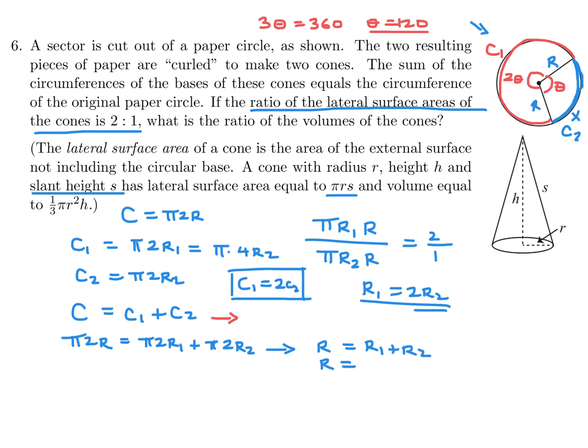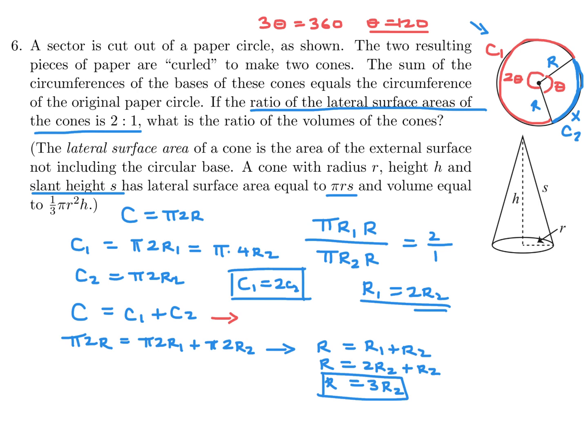So r is equal to 2r2 plus r2, and therefore r would be equal to 3r2. Okay, I'm not sure if that helps me, but it's always good to have that.